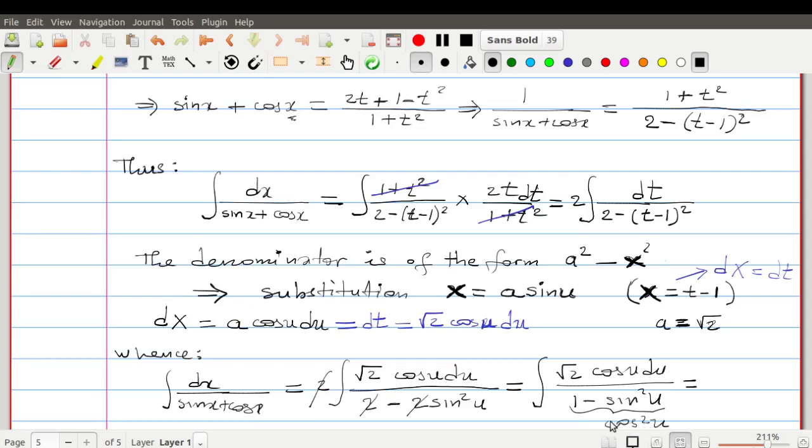So this cosine square u will cancel out with the cosine u here. So here we have square root of 2, which I can factor out. Now here I cancel the cosine and the cosine squared, and then it becomes du by cosine u.